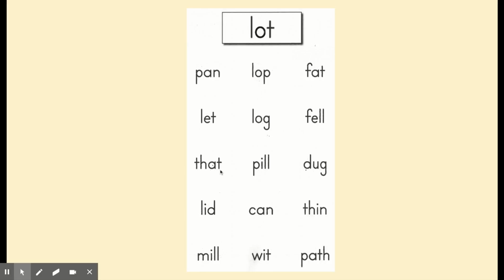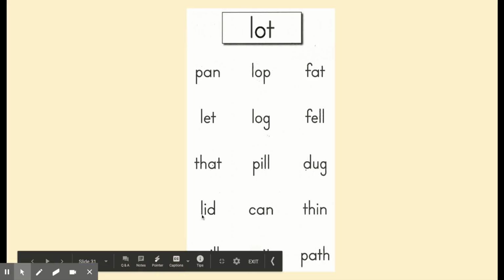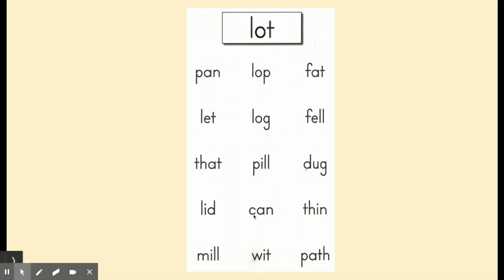That. Pill. Dug. Lid. Can. Fin. Mill. Wit.